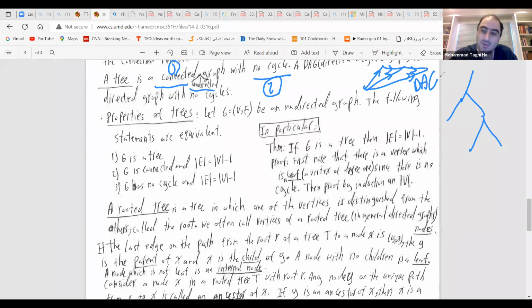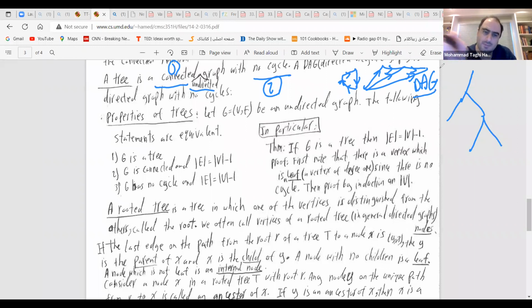DAG means directed acyclic graph, which means they don't have any directed cycle, but they can have some kind of undirected cycle. This is an undirected cycle, but there is no directed cycle. There is no cycle like this. These are called directed acyclic graphs, DAGs. But this is for directed graphs.